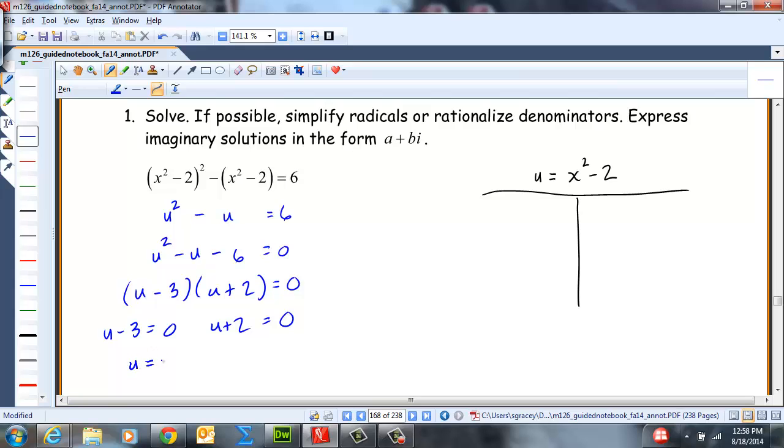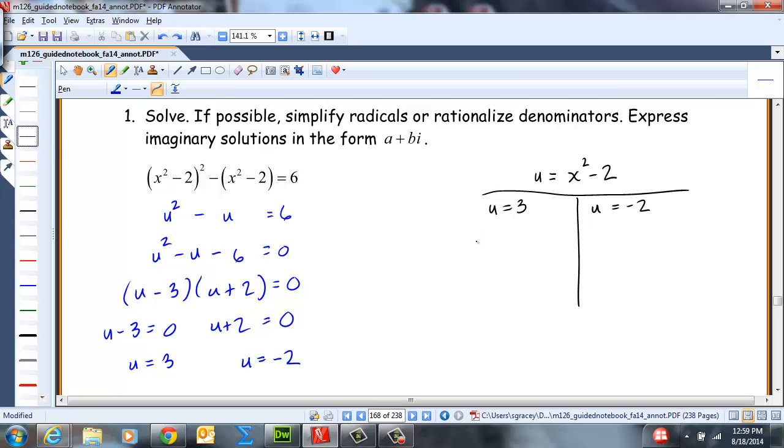So we'll get u is equal to 3 and u is equal to -2. Coming back over here, looking first at u equal to 3, and then over here we'll do u equal to -2. Notice that we're in the complex number system, since we can have complex solutions.